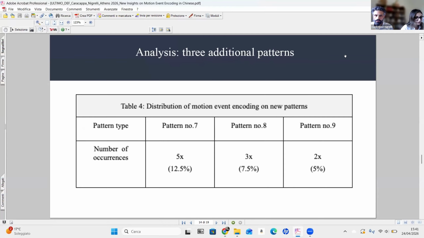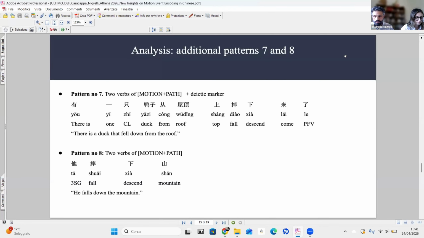As far as the additional identified patterns are concerned, pattern number 7 is attested in 5 occurrences, corresponding to 12.5% of the data. Pattern number 8 is attested in 3 cases, accounting for 7.5% of the data, while pattern number 9 is attested in 2 occurrences, representing 5% of the total.